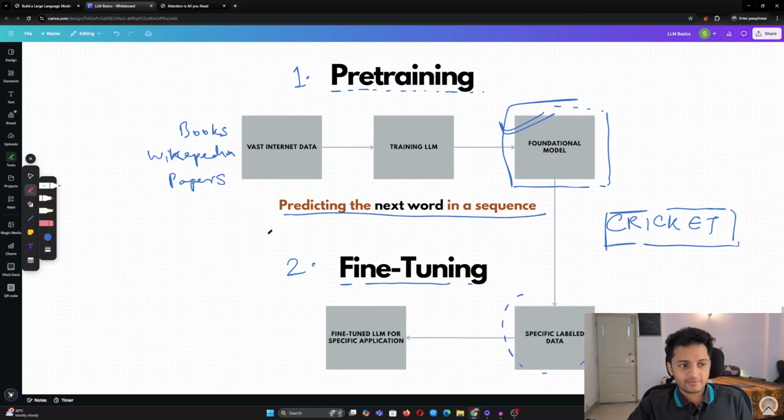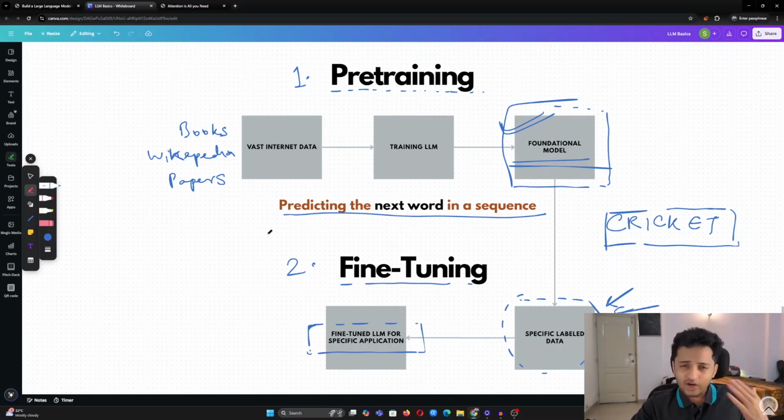Collect a lot of human experts in cricket. Let's say you take the help of Sachin Tendulkar, Virat Kohli, a lot of commentators, right? And you tell them to curate a specific labeled data set. This is very expensive and time consuming, but for business use cases, this is what is done. A lot of businesses use this technique, and this is called fine-tuning.